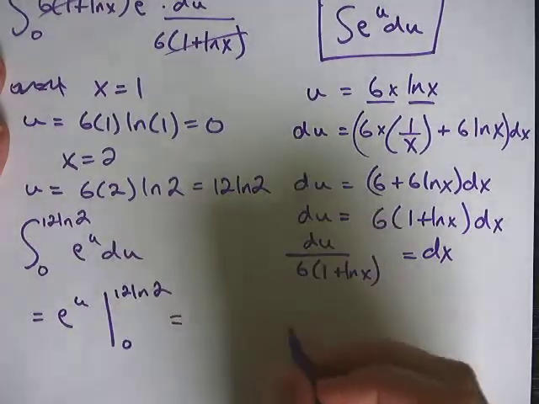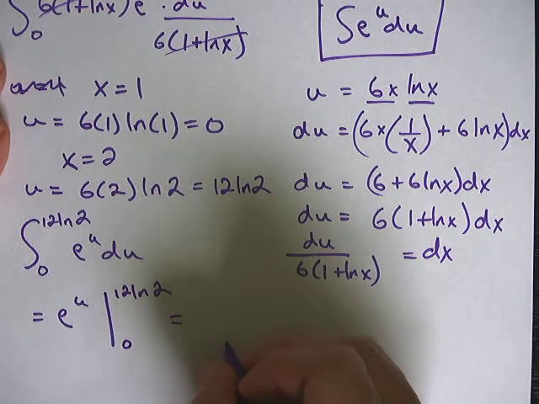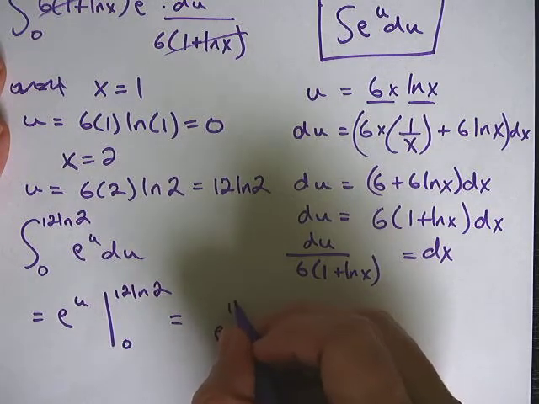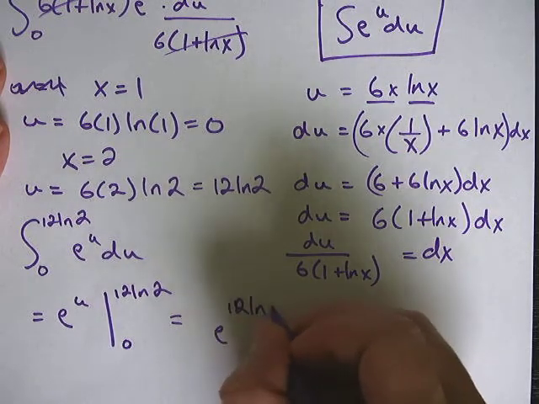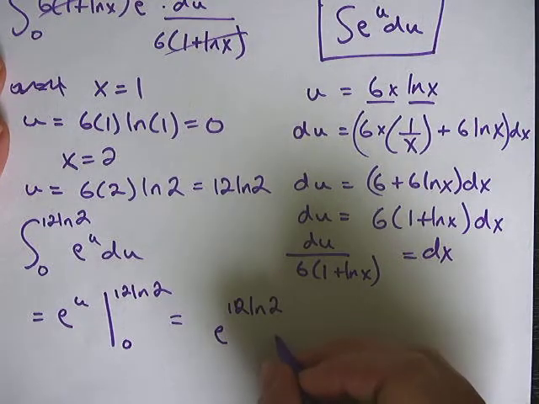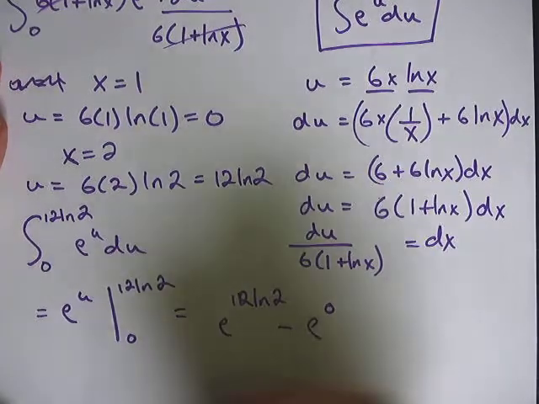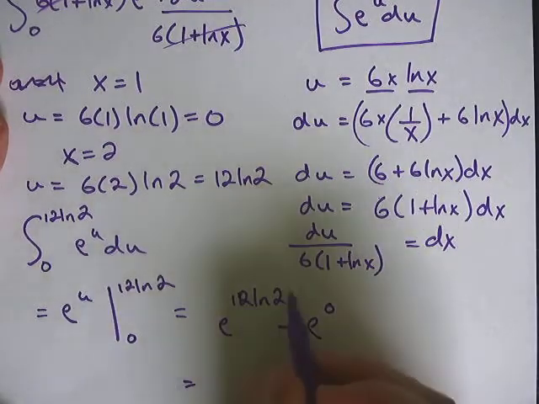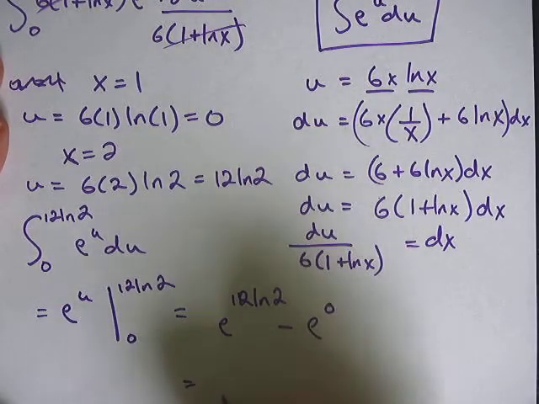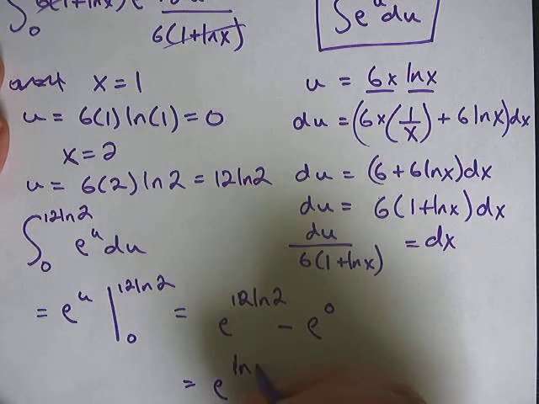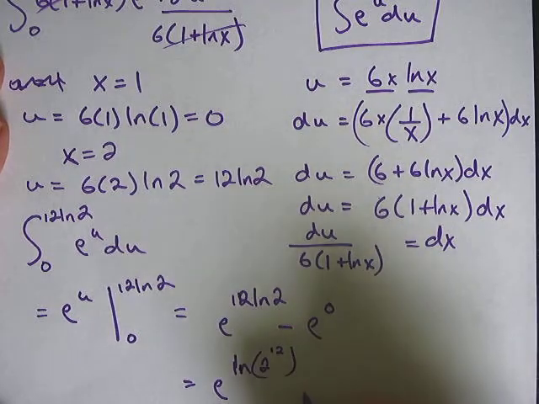Plug that in, and we get e to the 12 ln 2 minus e to the 0. And we can go ahead and bring the 12 back up to the exponent. So that gives us e to the ln of 2 to the 12th power, that's quite a large number, minus 1.